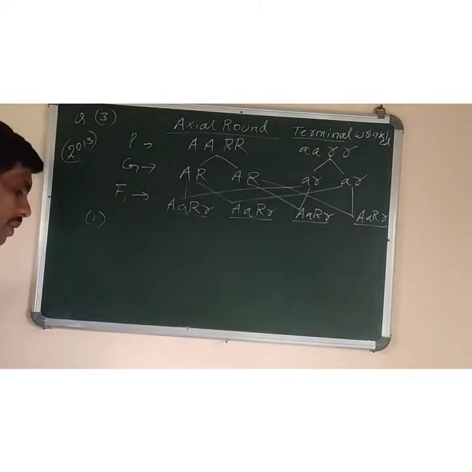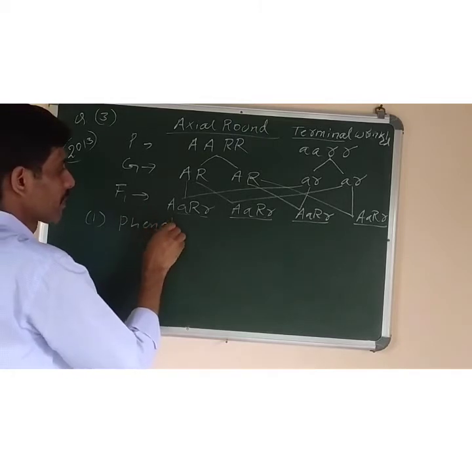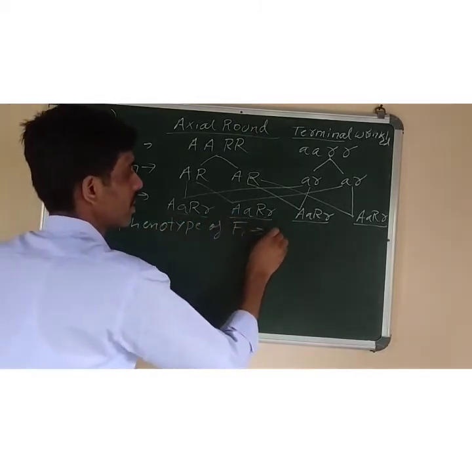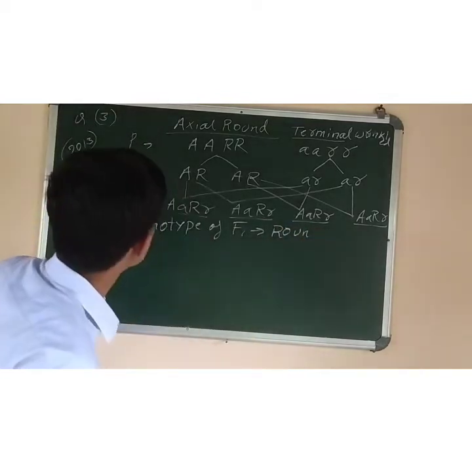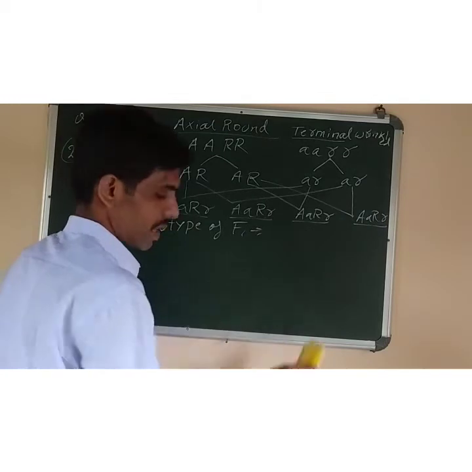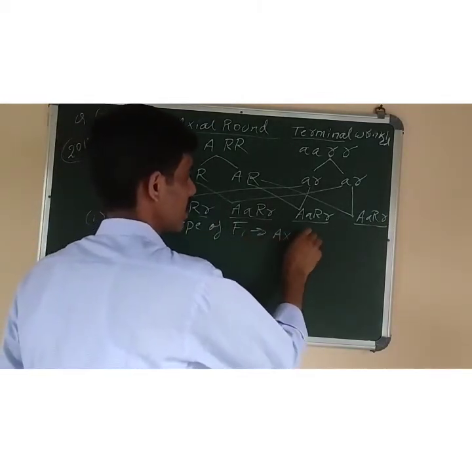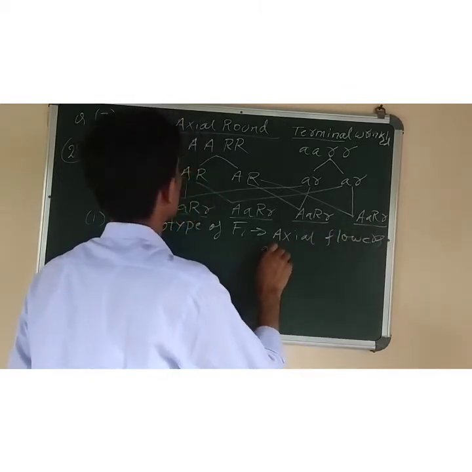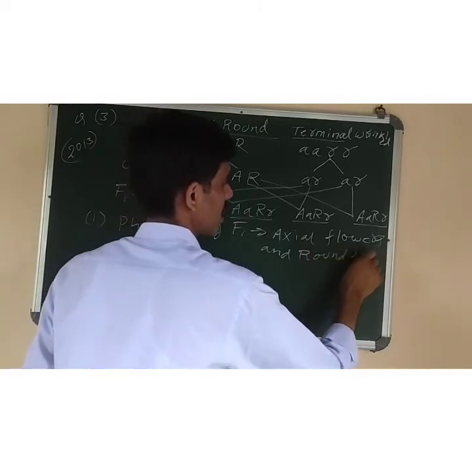So axial flowers and round seeds. You can write the phenotype of F1: A stands for axial flowers and R for round seeds.